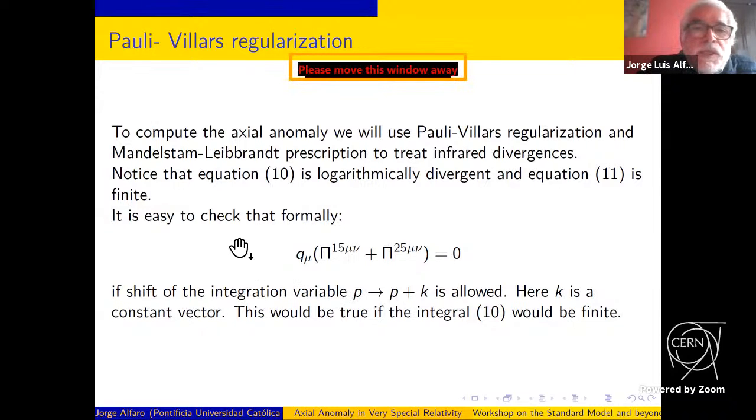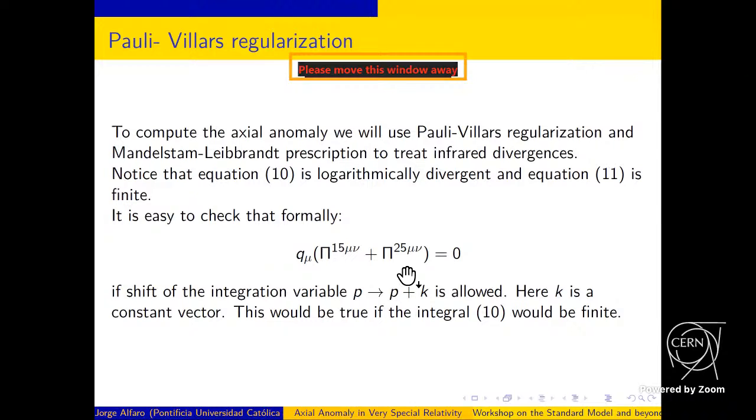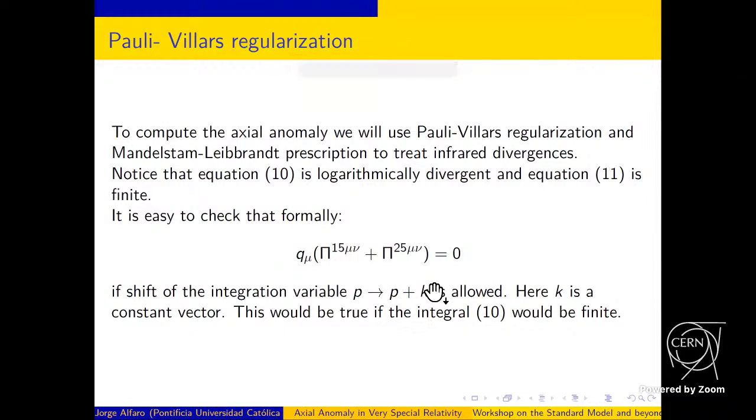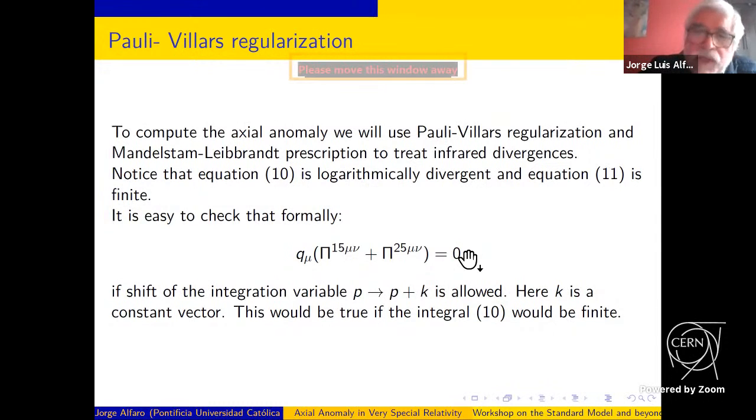So it is to check formally that this identity holds, because this is simply the conservation of a charge. In the diagram you can shift the integration variable by an arbitrary vector k. This will be true if the integral is finite, but it is not finite, so we have to regularize it.